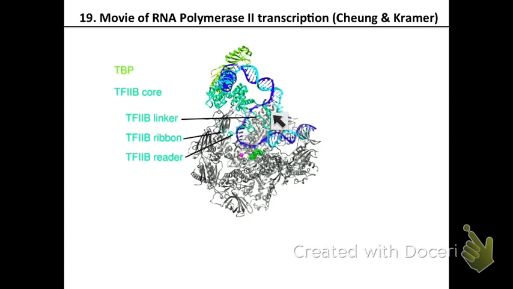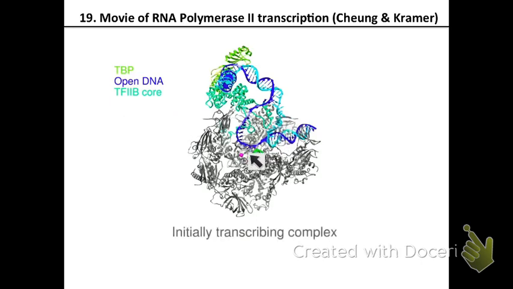So next you have TF2H, with opening of the DNA, forming that open complex. And the active site is going to start transcribing. So you're going to have an initially transcribing complex at the promoter. That's the RNA shown in red, and that's the NTP coming in, in orange.